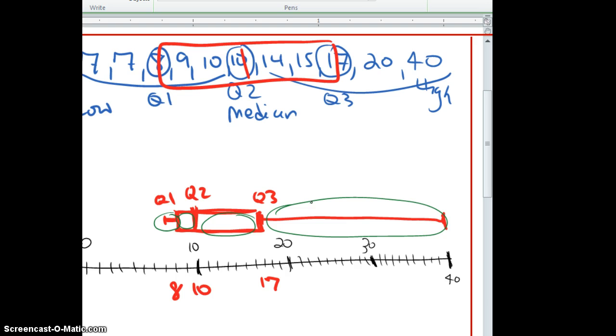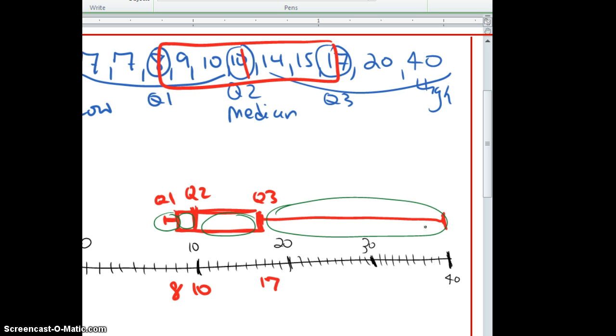Your bottom half isn't very big, meaning they were very consistent scores. Now your top half has a lot of variability, a lot of different amounts that people went to the swimming pool during the summer.